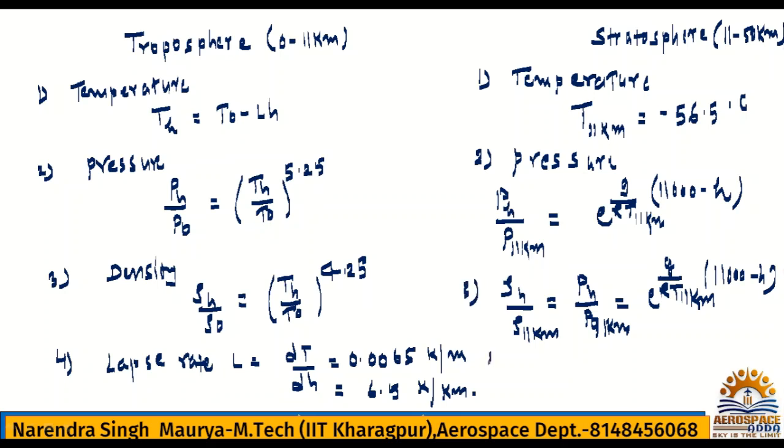And what about the lapse rate? Because in the stratosphere the temperature is constant, the derivative dT by dH will be 0. It means the lapse rate in the stratosphere will be 0. All these formulas were derived in the last session.